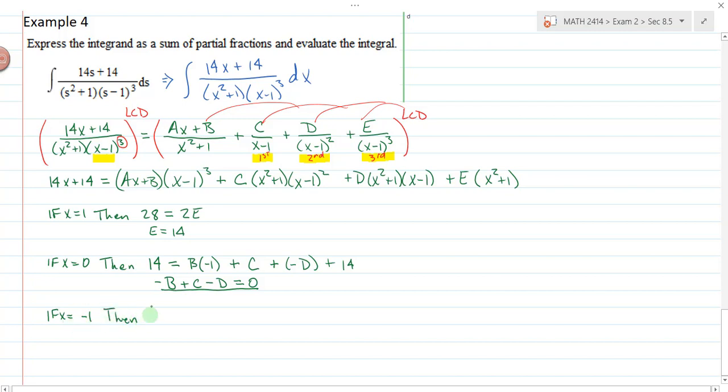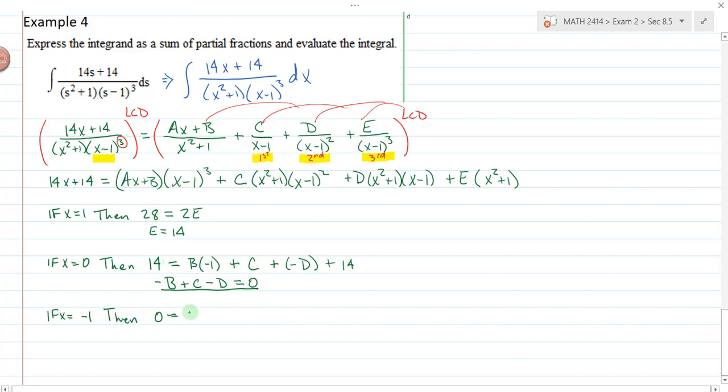If x is equal to negative 1, I go back up here. Negative 1 times 14 is negative 14, plus 14 is 0. Let's do the number part first. Negative 1 minus 1 is negative 2. Negative 2 cubed is negative 8.